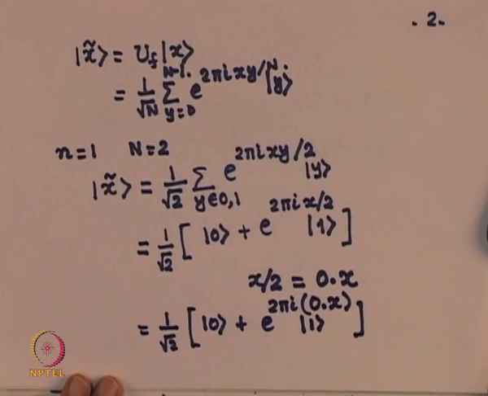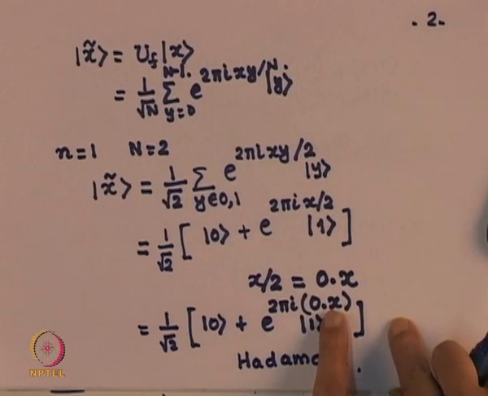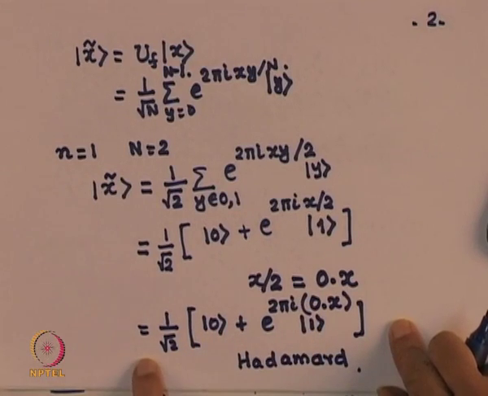Now, what is this? Notice this is nothing but a normal Hadamard transform. Why? Because if this x happens to be 0, so that I get e to the power 0 equal to 1, I get |0> plus |1> by root 2.